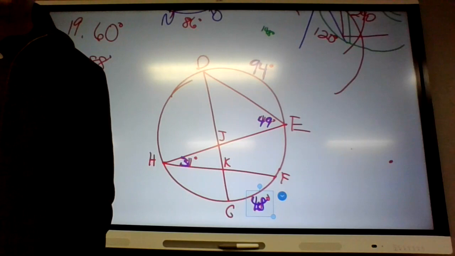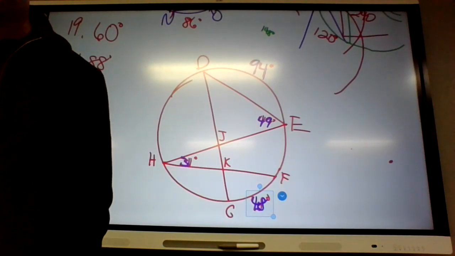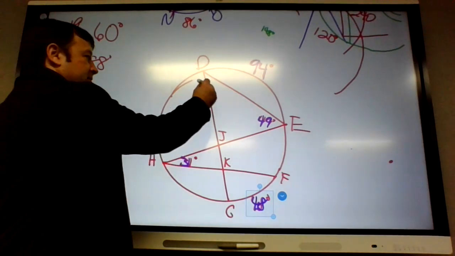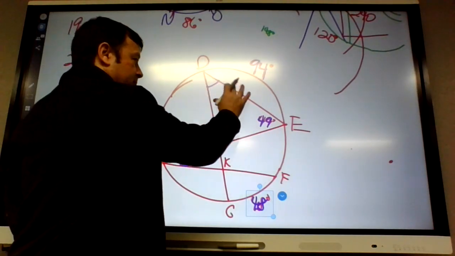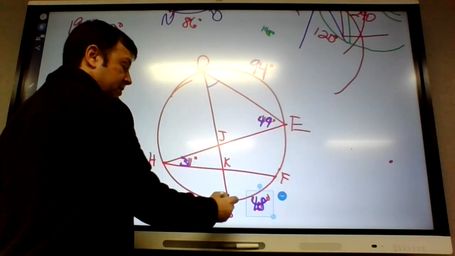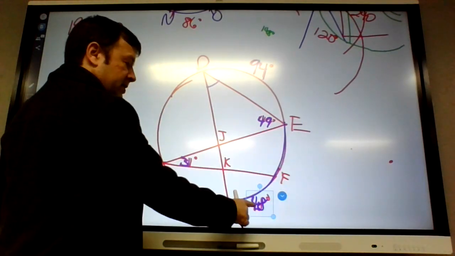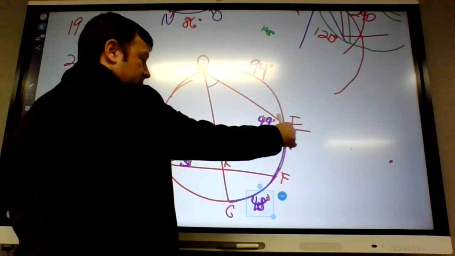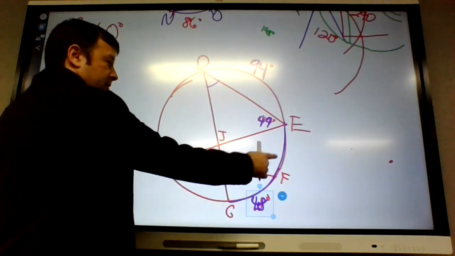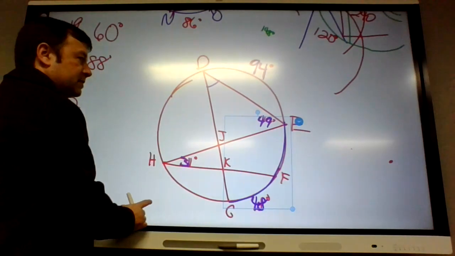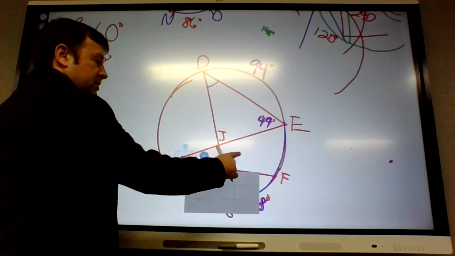The question is, what is the measure of angle D? Do you guys see the arc that D hits? It'd be right there from E to G. Problem is, I only know GF is 40. I need to figure out what EF is.